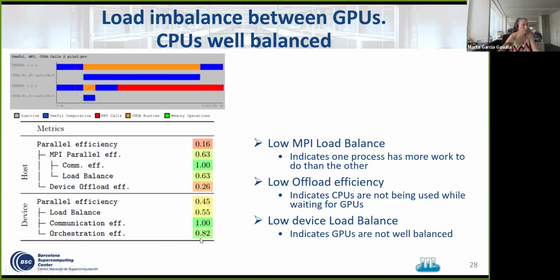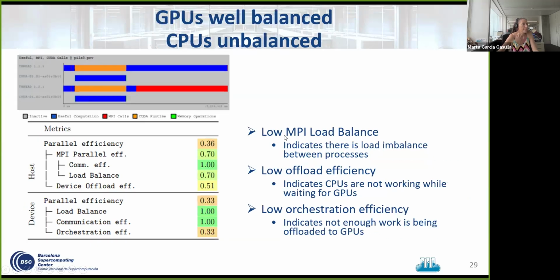The orchestration is 82 because for some time the GPUs are waiting for the host to offload work. In this case, it's the other way. The GPUs are well balanced, so you can see in the trace that the GPUs have the same amount of work, while the CPUs are unbalanced. MPI process 1 has more work than MPI process 2.